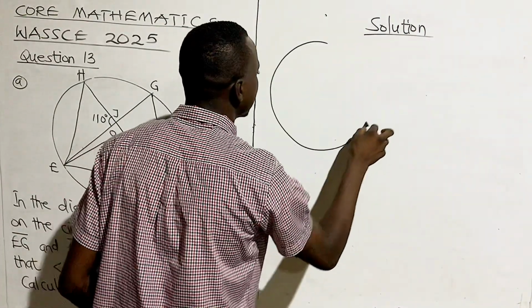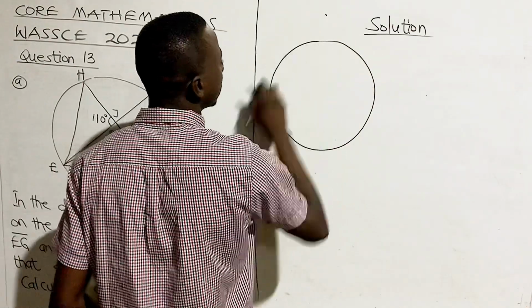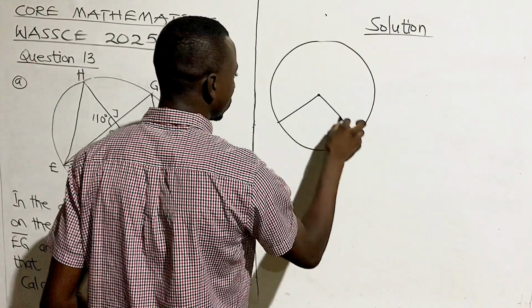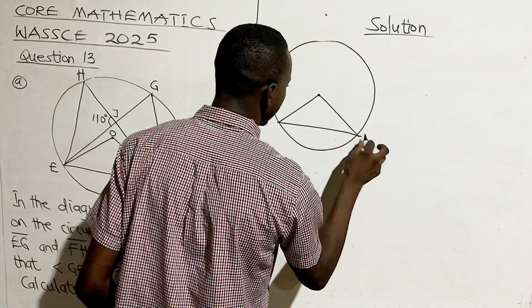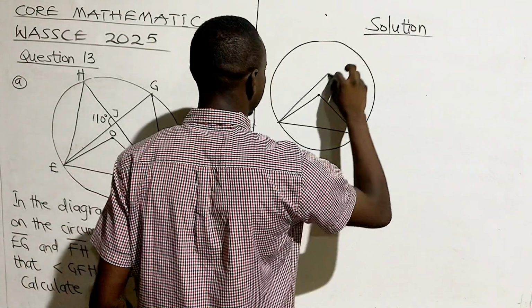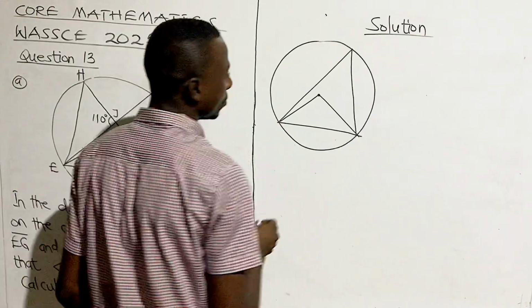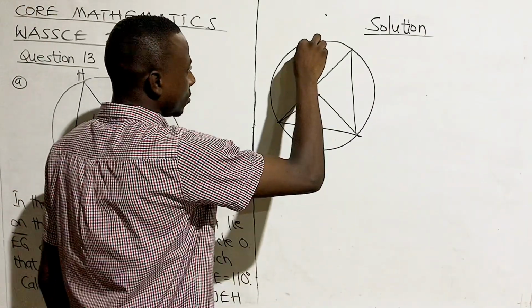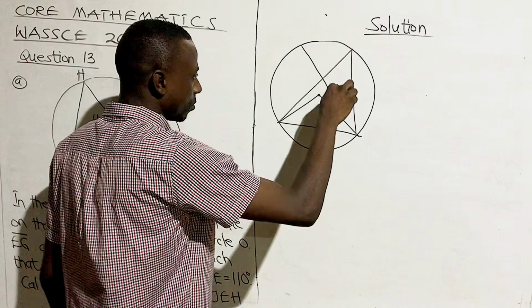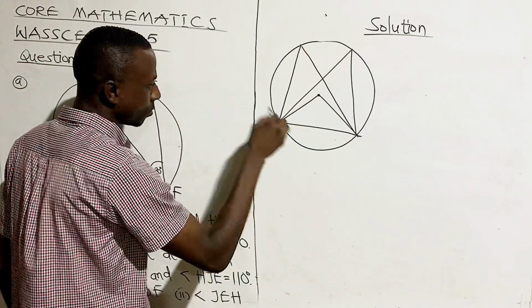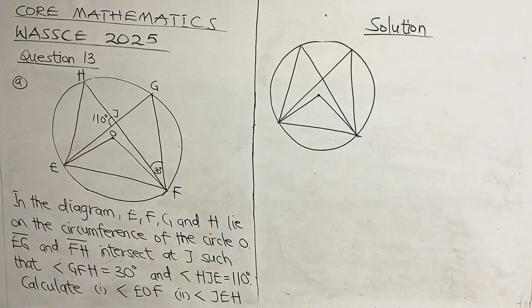So I have the new circle to be like this. We have center O. All right, so this is what we have on the board.